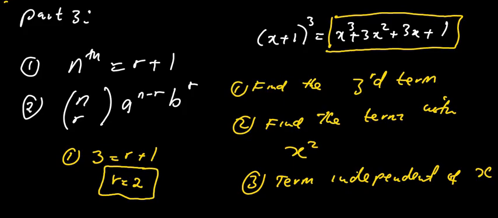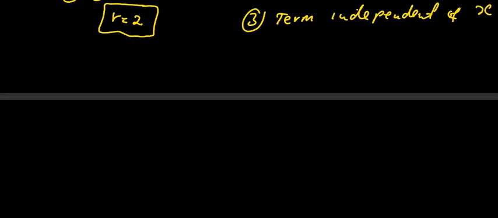So your r now can be used in the second equation. Our power there is a 3. Then our r that we found is 2. This was our n choose r.